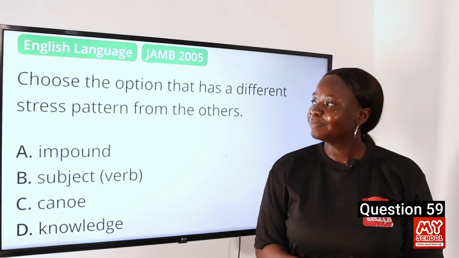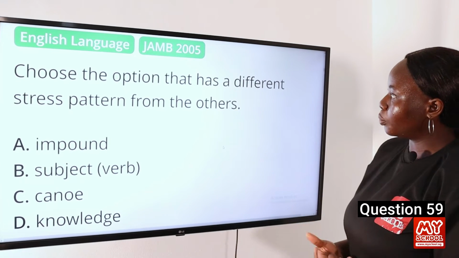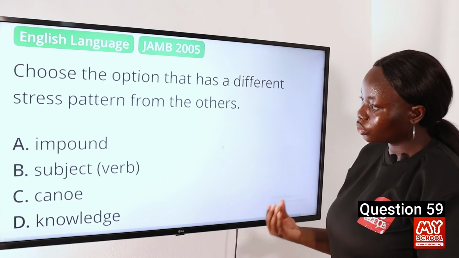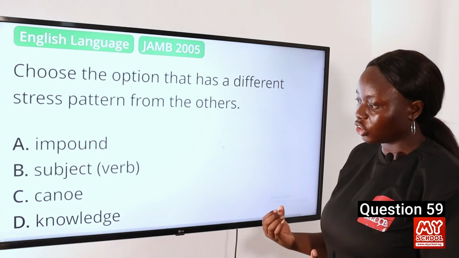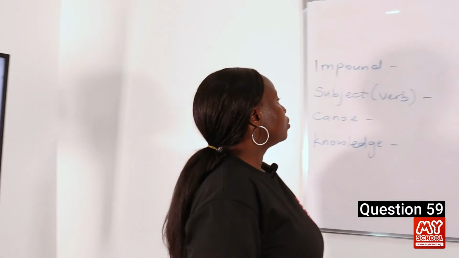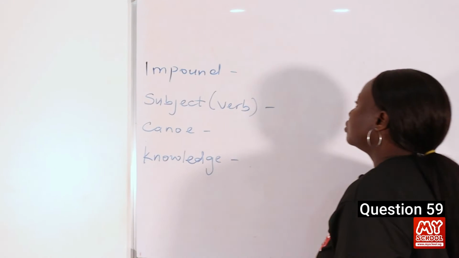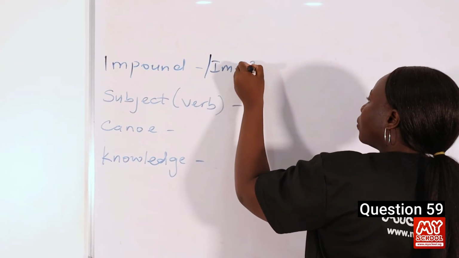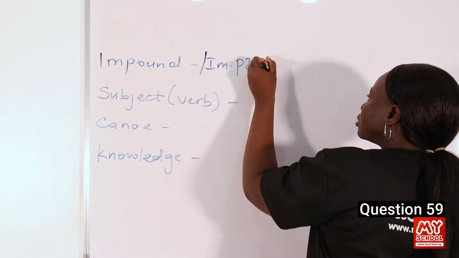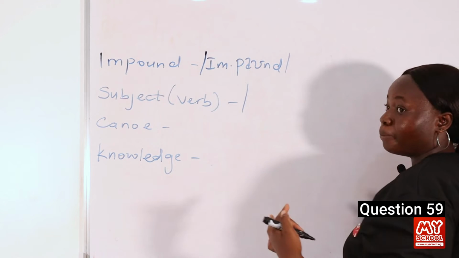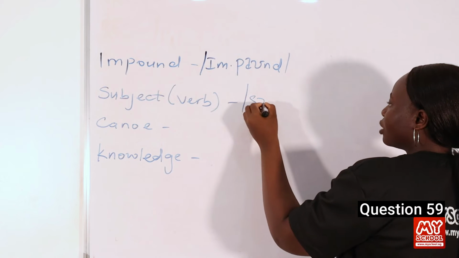Question 59. Again, we have to choose the option that has a different stress pattern from the others. We have impound, subject, canoe, and knowledge. So let's go to the board to find out what our answer will be. The word impound is transcribed as this. The word subject is a verb, so it's transcribed as this.